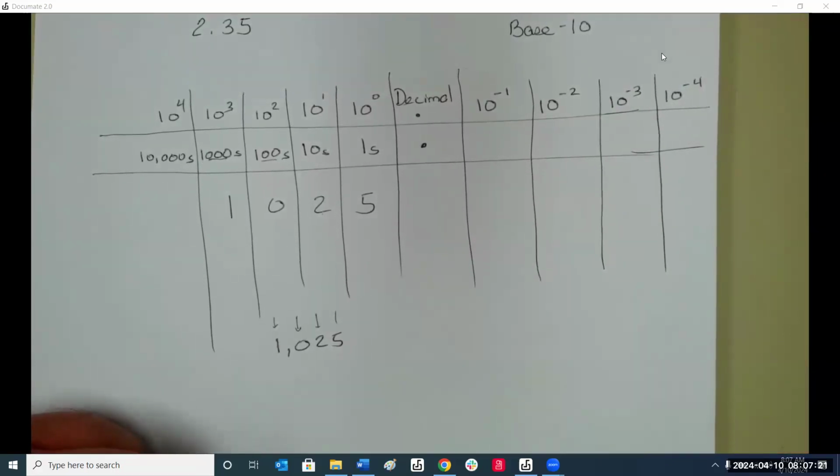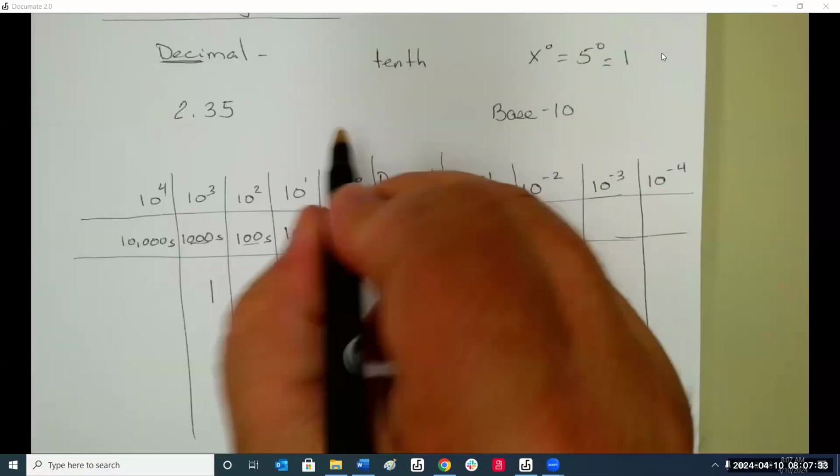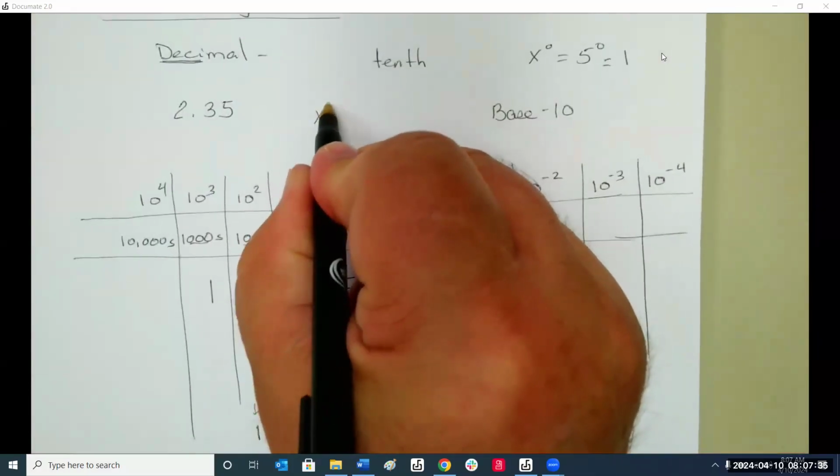What do negative exponents mean? What do they represent? We discussed exponential powers.